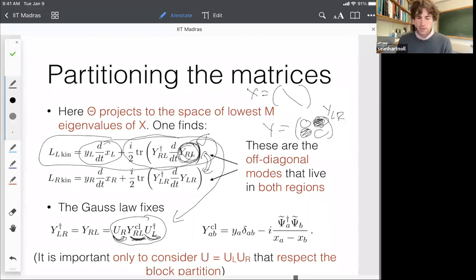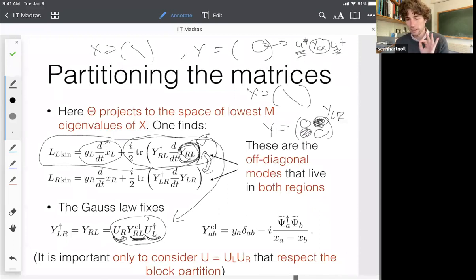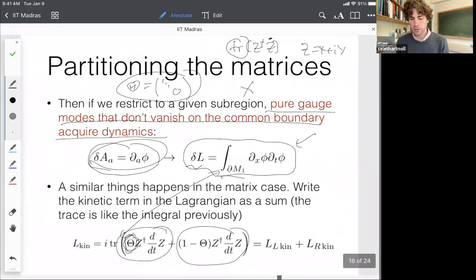In essence, it goes like this. You diagonalize X, and then Y has a form where the block is given by U dagger acting on the gauge orbits of some particular classical matrix. And the gauge transformations that act on this classical matrix are analogous to the Chern-Simons gauge transformations that act on the boundary.